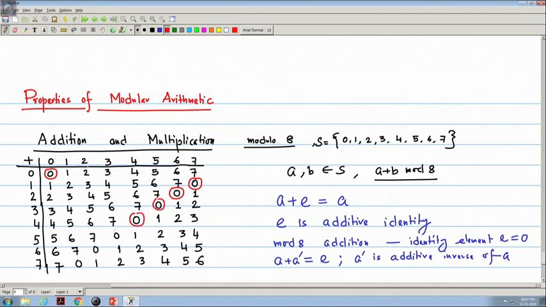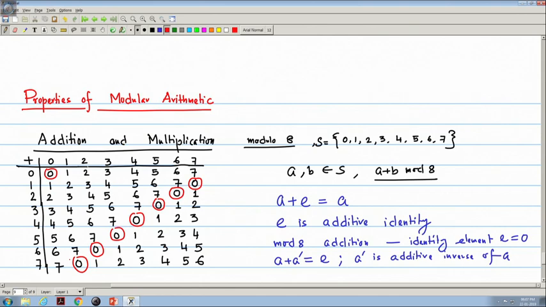Since 0 is my identity, for each element, if I add 0, I get the same element. That means for each element of this set from 0 to 7, an inverse exists.